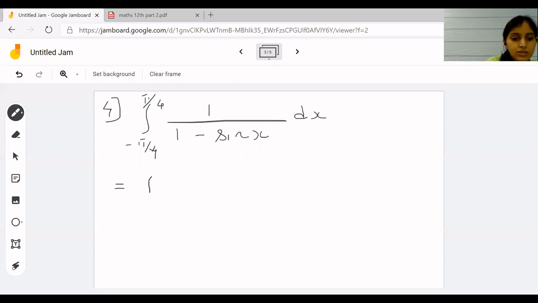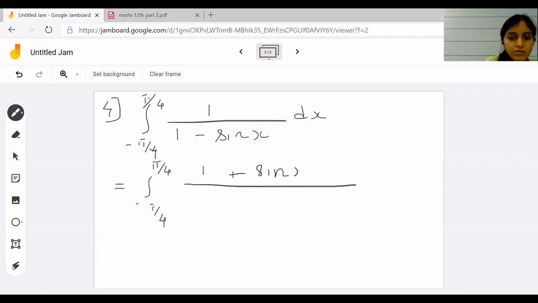So, this will be integral minus pi by 4 to pi by 4, 1 plus sin x upon 1 minus sin square x dx.